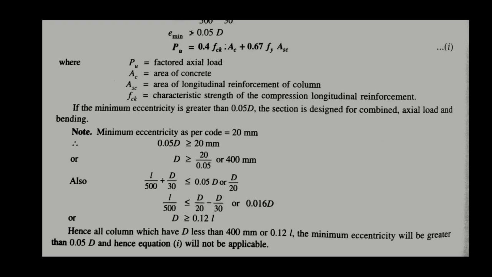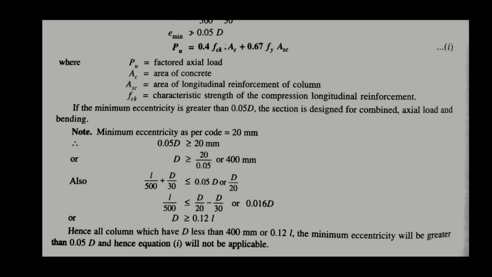So, L by 500 is less or equal to D by 20 minus D by 30, or we can write 0.016 D. So, D is greater or equal to 0.12 L, where L is length of column. Hence, for all columns with lateral dimension D less than 400 mm or 0.12 L, the minimum eccentricity will be greater than 0.05 D, and hence equation 1 will not be applicable in that case.